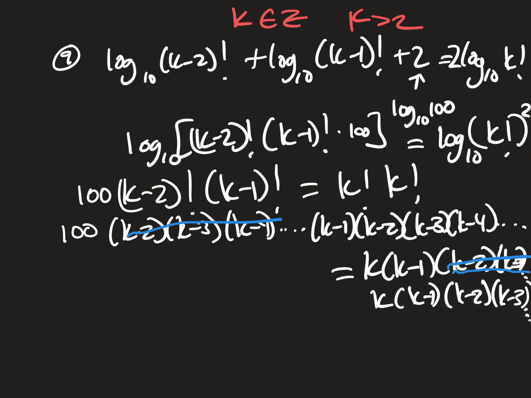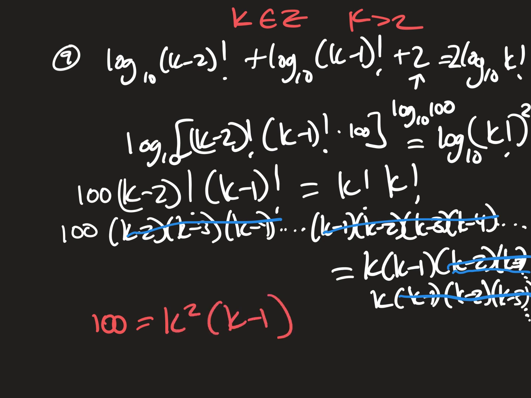We have k, and the k minus 1 does not stay, right? So that can cancel. So k minus 1 can cancel on that side. Interesting. Okay, so what we're left with is 100 equals k squared times (k minus 1).